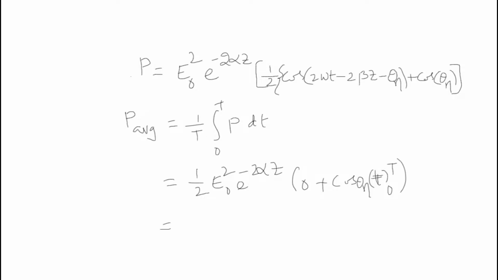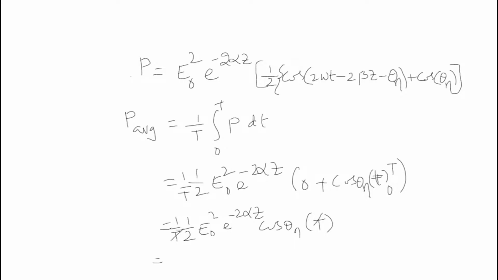After simplification, we get 1 by 2 E naught square e to the power minus 2 alpha z cos theta eta into t. Actually here we have 1 by T, I forgot to write that 1 by T earlier. So this T gets cancelled.